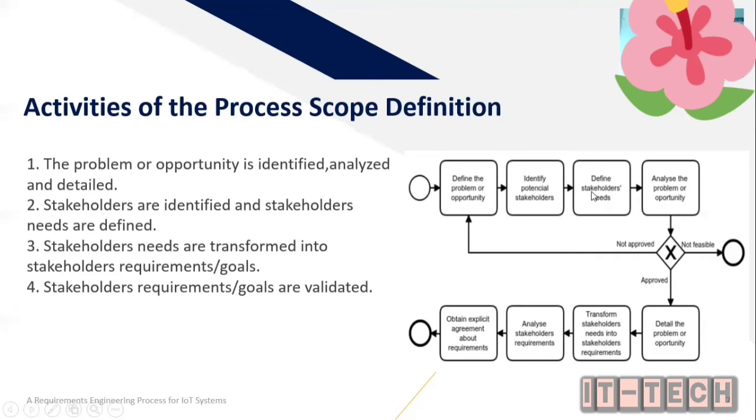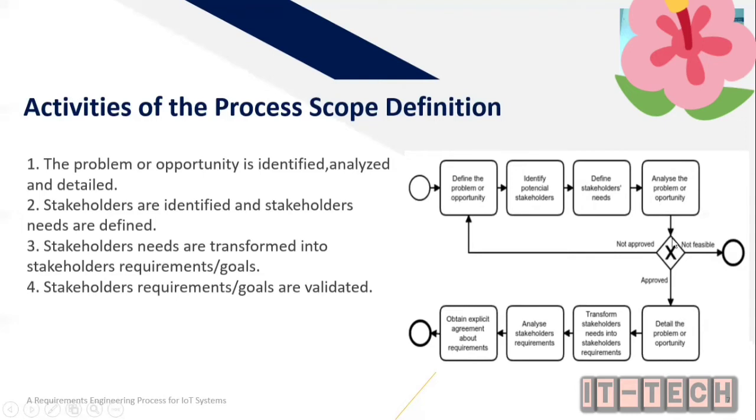Define stakeholder needs, which include the identification of the context of use of the IoT systems. Analyze the problem or opportunity. There is a sufficient understanding to evaluate if the construction of the IoT system is feasible and described, or if there is a need for more information.